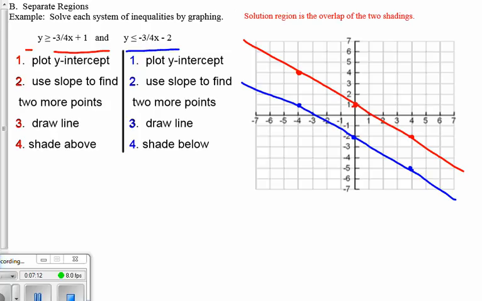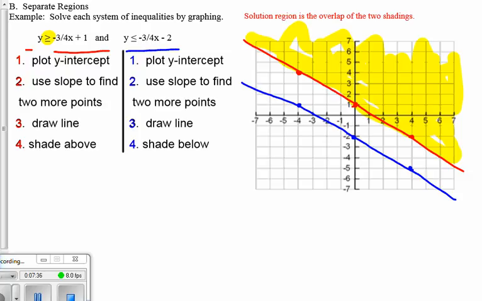Now we need to shade the spots either above or below those pieces. For this one, it says we need to go greater than that red line, so everywhere above it, we would be shading this area. And everywhere above that. So again, I can pick a point.